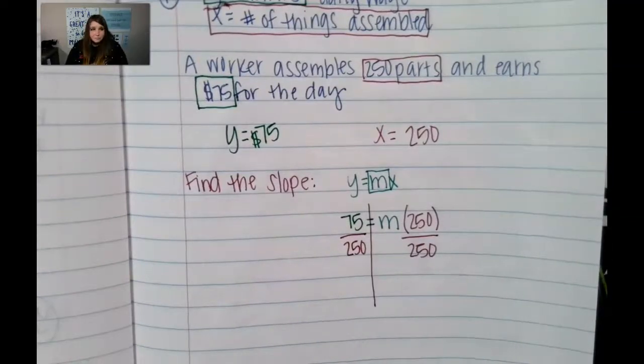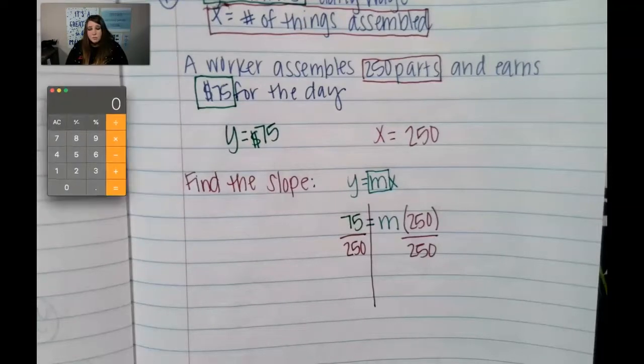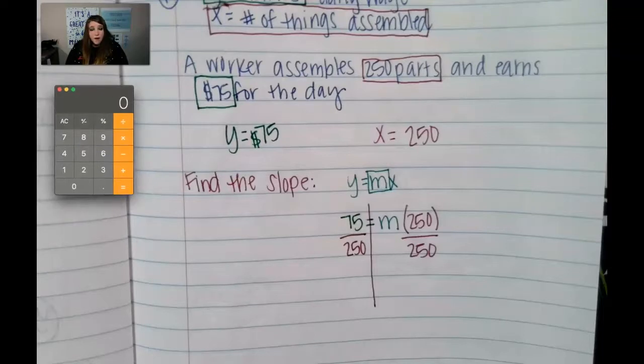And then I'm going to use my calculator to find what number they have in common. So I can look at this real quick and I see that they both have a 5, but also maybe 25. So maybe 25 is it? So let's see if we can do 25.